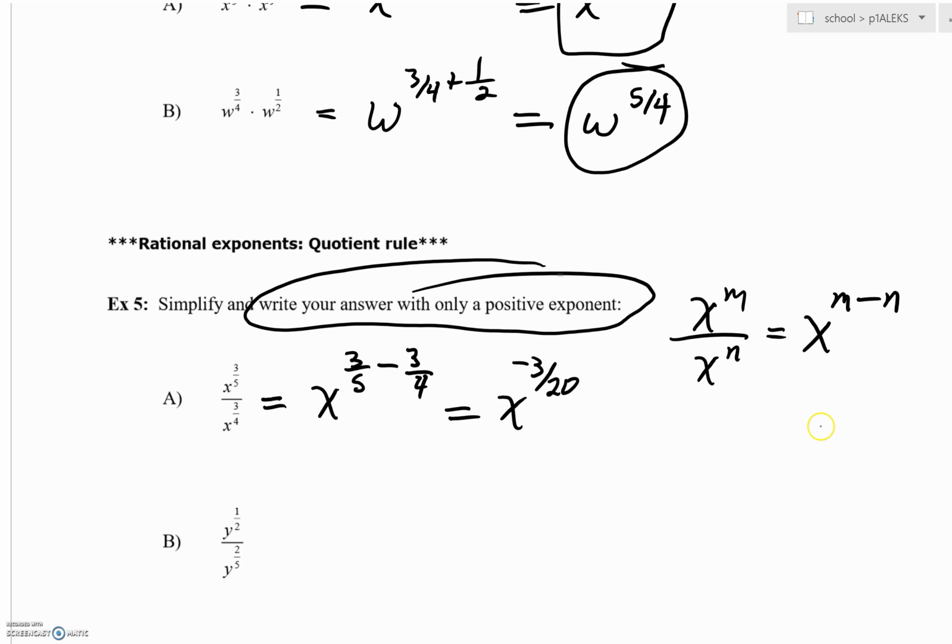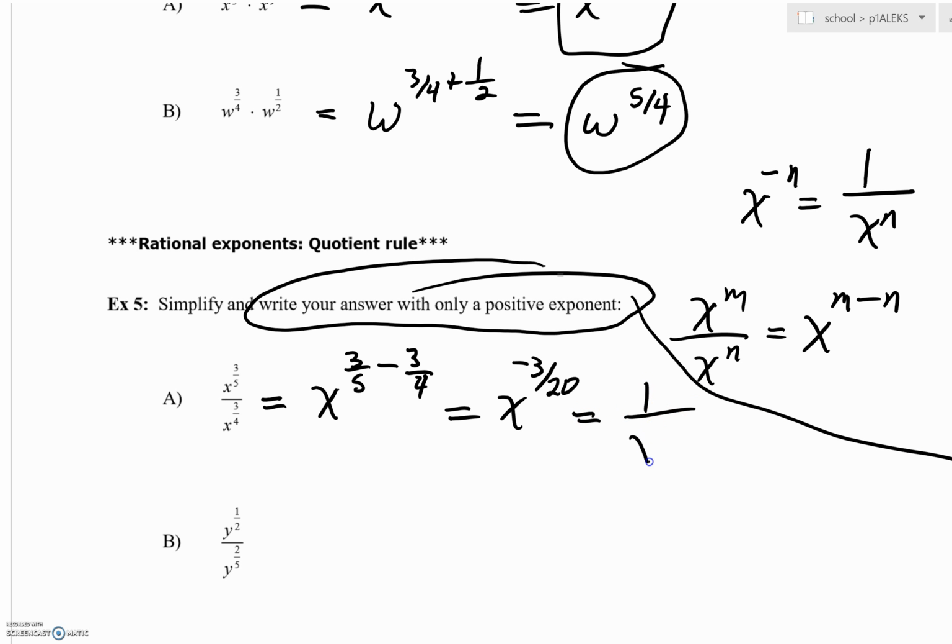Now, another thing that we learned earlier is that if you had x to the negative n, you guys remember what you got to do? You got to flip it, right? You're going to have to take the reciprocal. You always go 1 over. So what you would have to do is just take that reciprocal, make a fraction show up, go 1 over x to the 3/20.